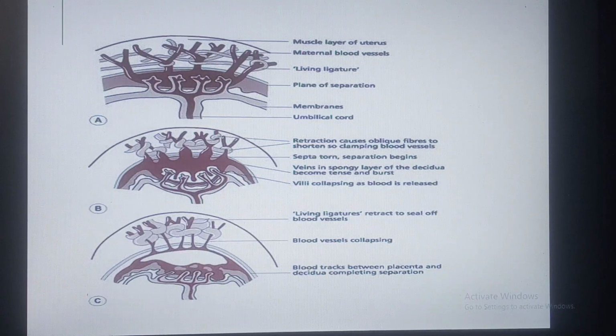Now, usually at term, when it is time for labor, blood supply to the uterus increases, such that the cardiac output to the uterus will be about 15% of the blood being pumped by the heart. So roughly about 500 to 800 mL of blood will get to the uterus per minute.